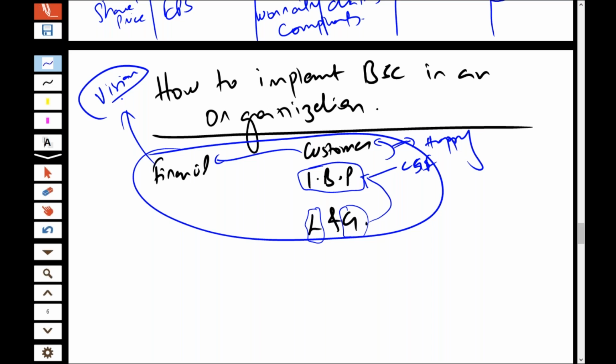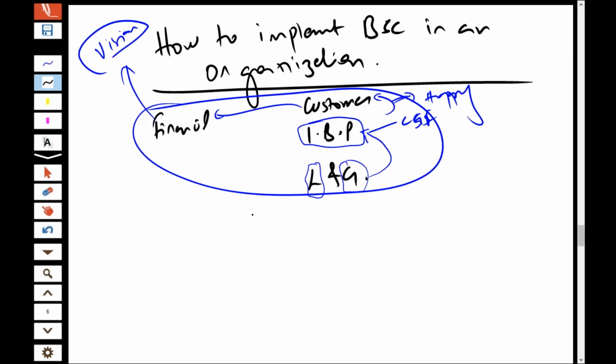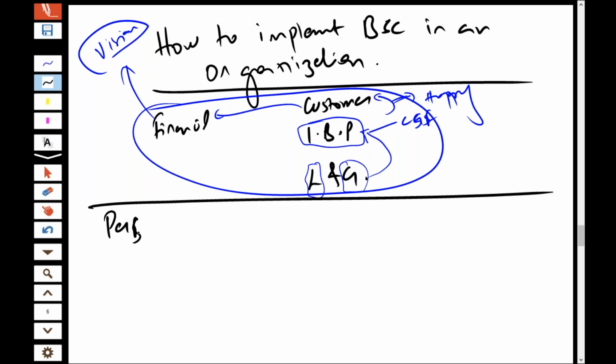Now, what you need to be able to understand is how do we implement the balance scorecard in any organization? In order to implement balance scorecard in any organization, this is what you would do.